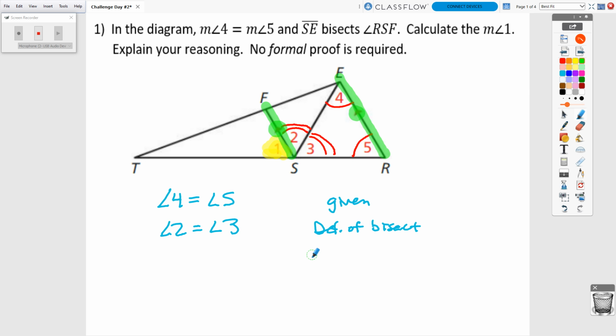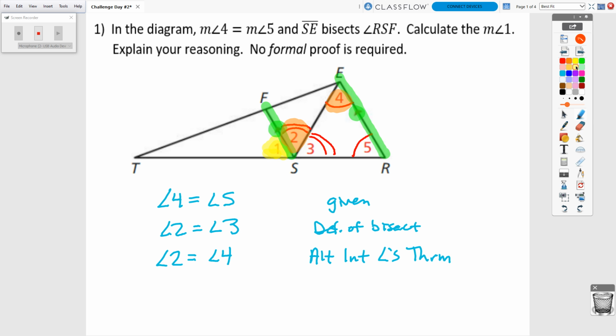The first off being, if I can get a different color here, angle 4 and angle 2. Notice angles 4 and 2 are alternate interior angles. And in the presence of parallel lines, angle 2 and angle 4 are really equal to each other, right? So by the alternate interior angles theorem, we know that they're equal.